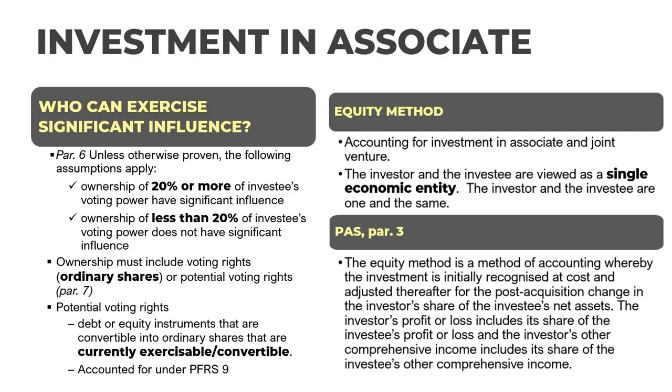So again, itong mga to ay just assumptions na ang sabi, we can assume that significant influence exists if yung investor has a 20% or more ownership of the investees' voting power. At kapag mas mababa naman daw sa 20% ang kanyang ownership, pwede nating i-assume na wala siyang significant influence.